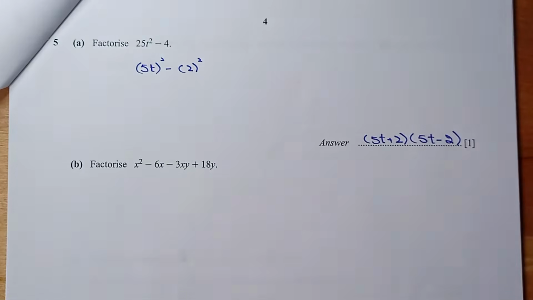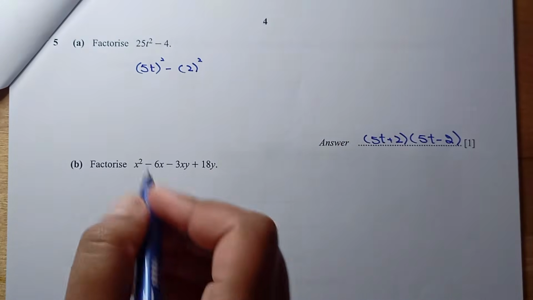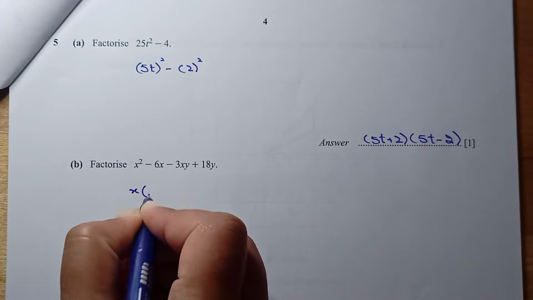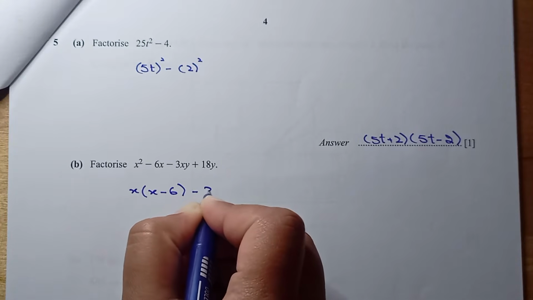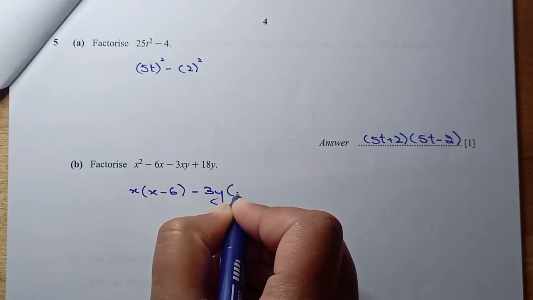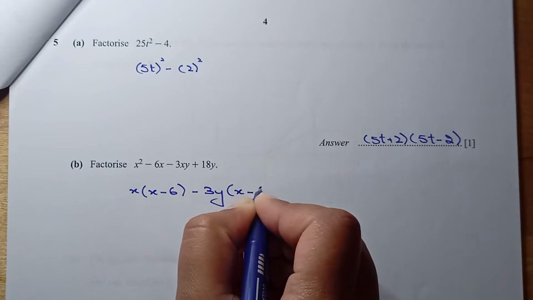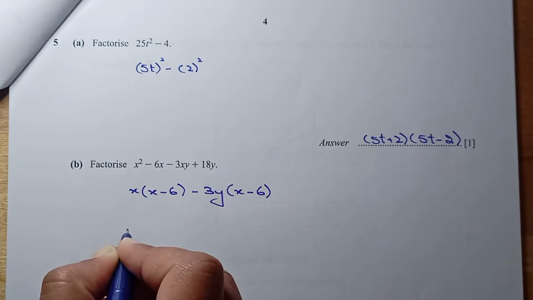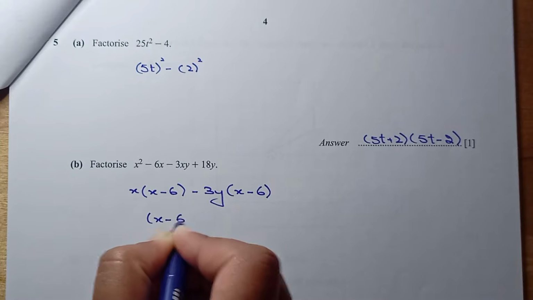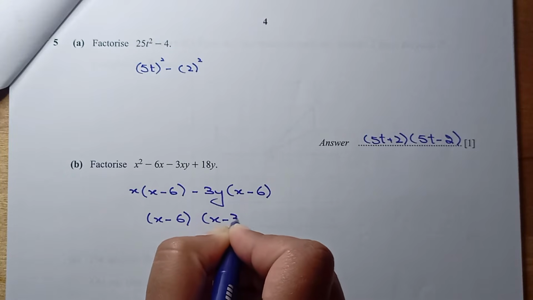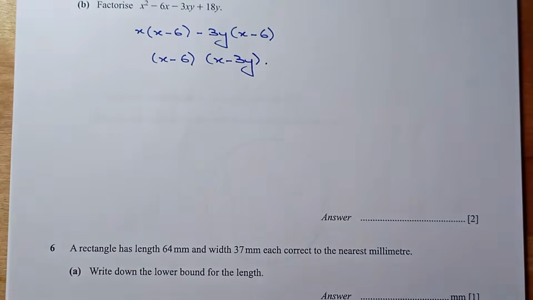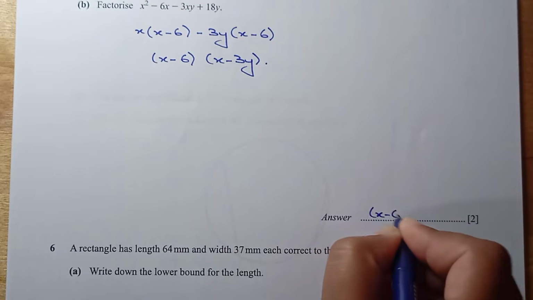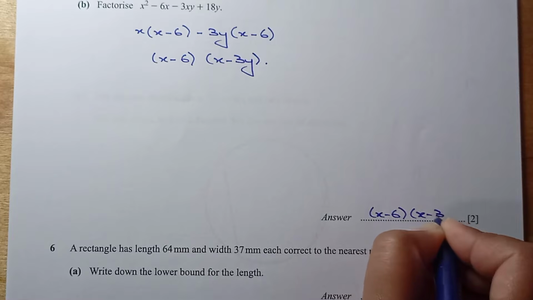Okay, now for the b part, so if I can take x common, we are left with x minus 6, and negative 3y common, we are left with x minus 3 times 6 is 18. So the two factors are x minus 6 and x minus 3y.